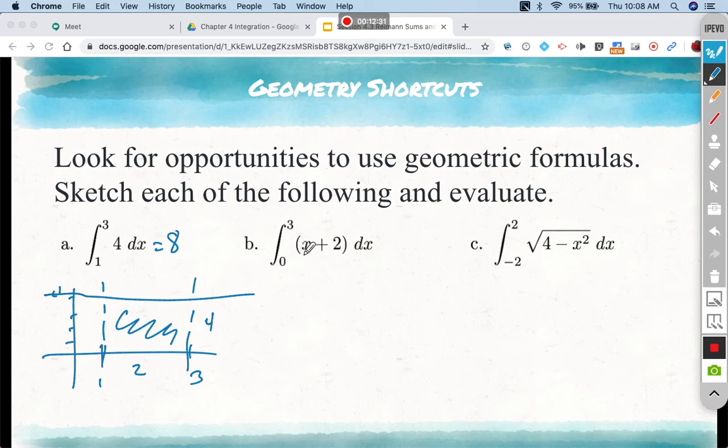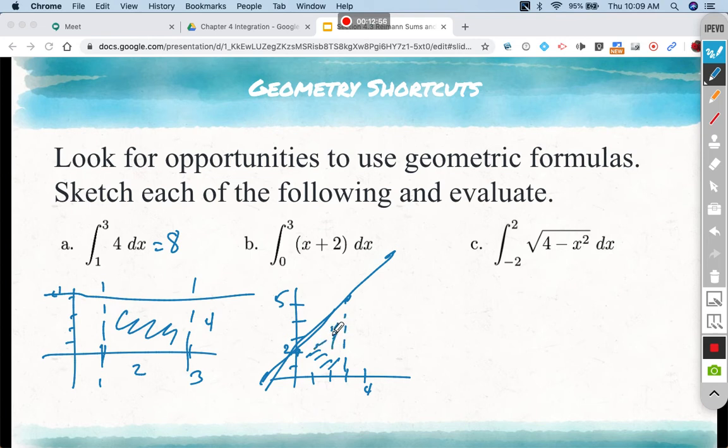If I'm looking at this one, x plus 2, we're going from 0 to 3, so at 0 we're here. 1, 2, 3. At 3 we're at 5. We want this area here. We can either use our trapezoid.